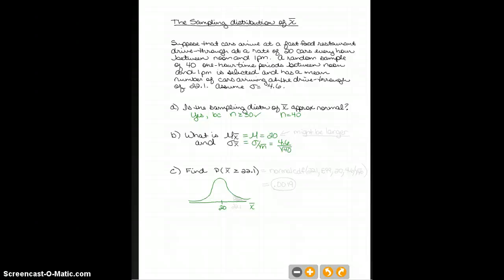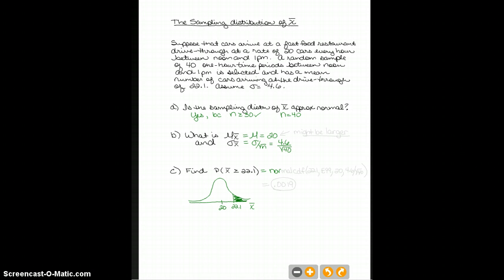That means we want the sample mean to be greater than or equal to 22.1. So we'll identify 22.1, which is somewhere to the right of our mean of 20, and we want to find this area to the right.